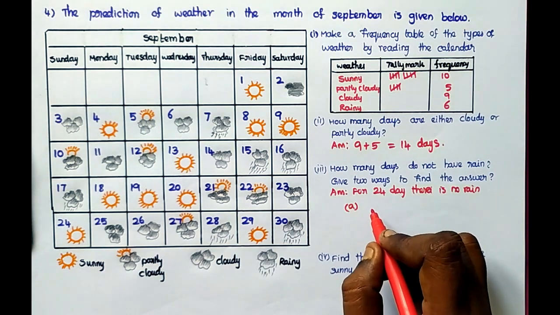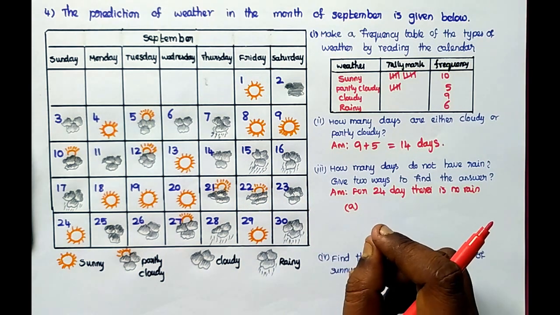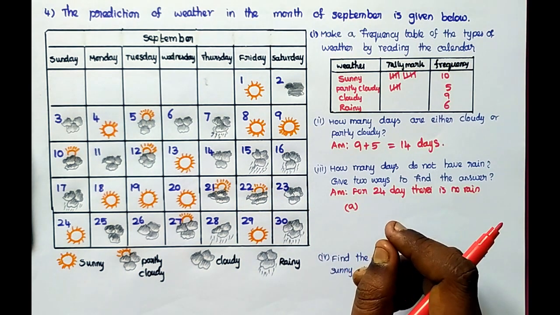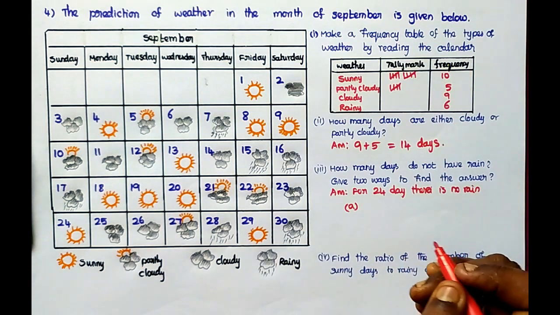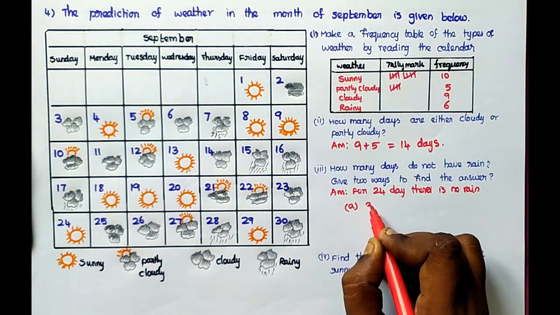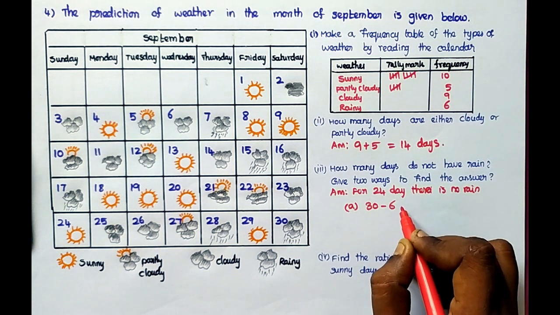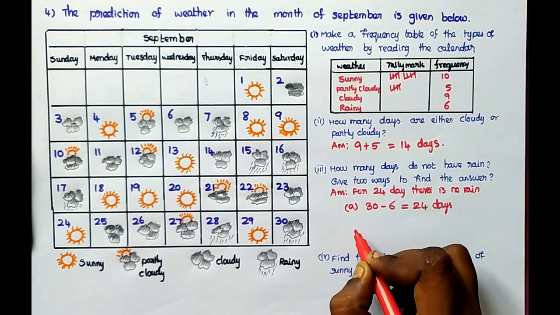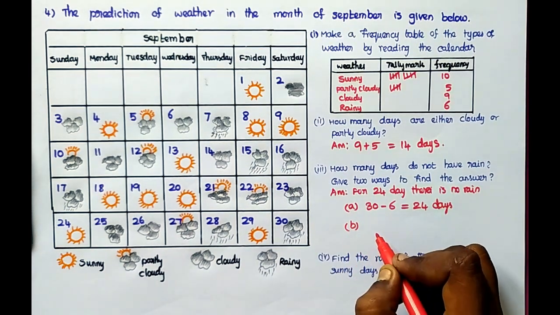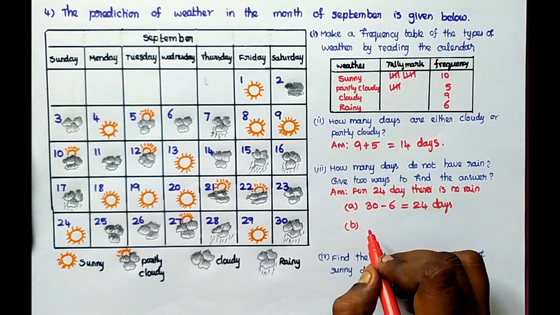Way 1, totally 30 days. 6 days were rainy. So no rain means other than those 6 days. That means 30 minus 6 equals 24 days. Another method, count the days of no rain.